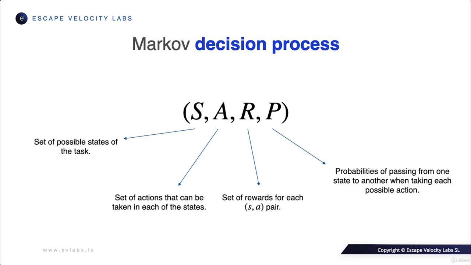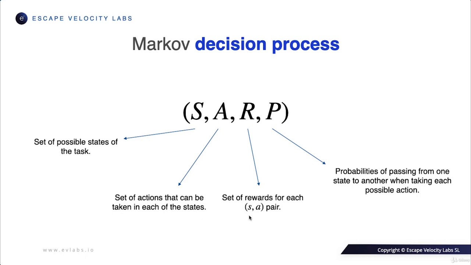An additional advantage is that we can describe a control task in a very simple way, based on 4 objects. The first object is the state space, which consists of all the possible states in which the task can find itself. The second is the action space, which consists of the set of all the actions that the agent can execute in the environment.